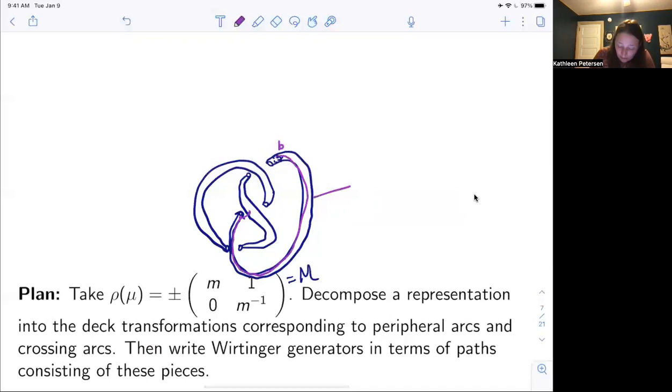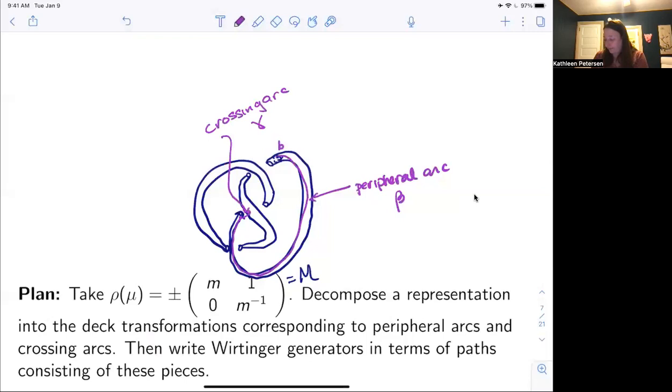So this part here would be a peripheral arc, and I'm going to call those beta. And this little hop here at a crossing is a crossing arc, and I'm going to call those gammas. So hopefully you can see, even in my somewhat questionable picture, that I can find all of the Wirtinger generators by doing this kind of thing.